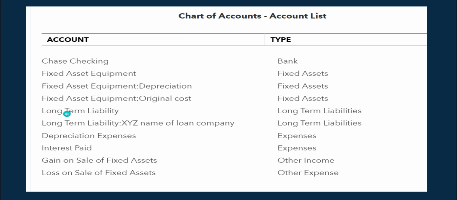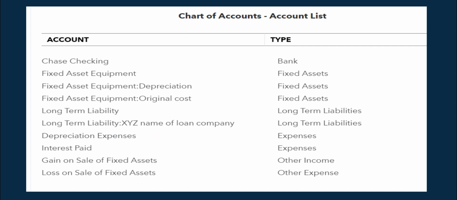Okay, and then under long-term liability, because someone is financing this loan, and this long-term liability is over 12 months, you have a parent account, and underneath you have an XYZ loan company sub account. Then you have a depreciation expense account.